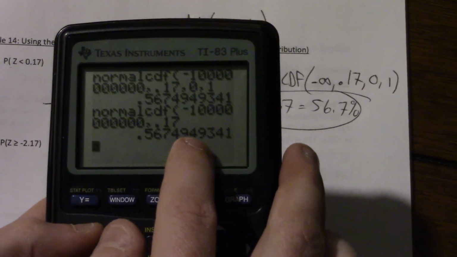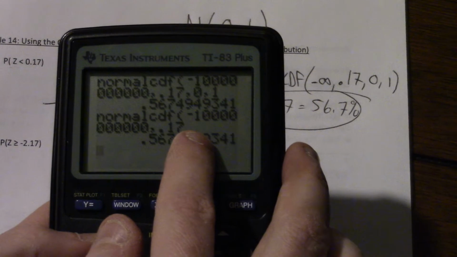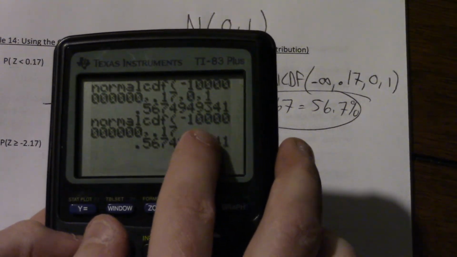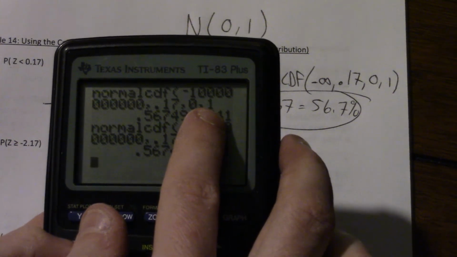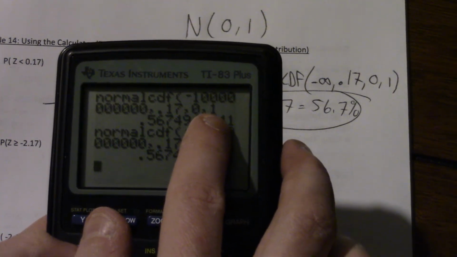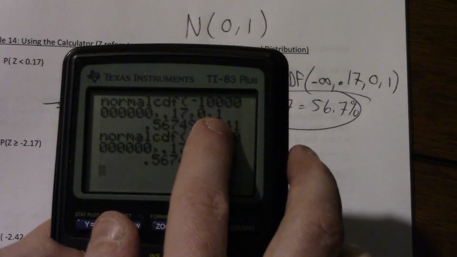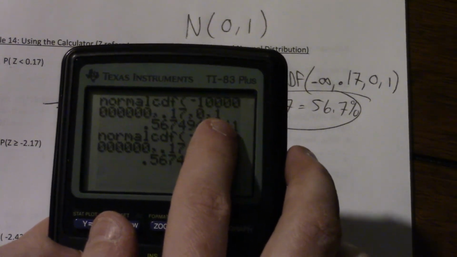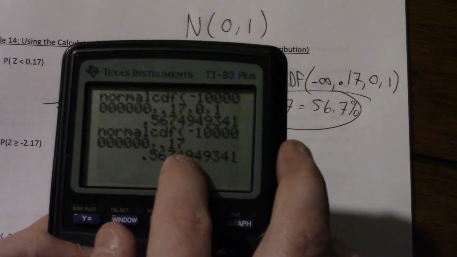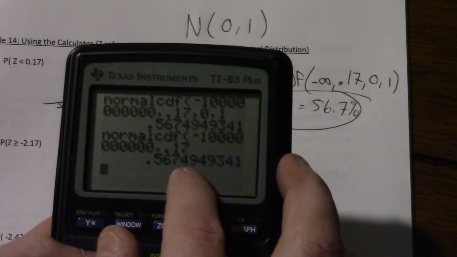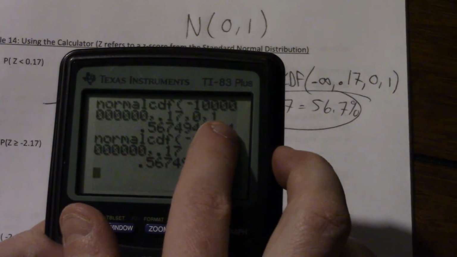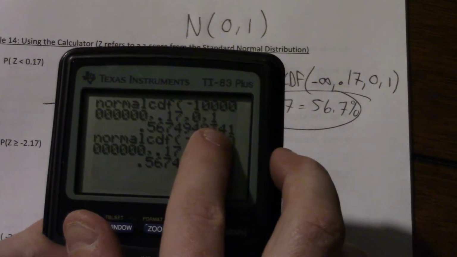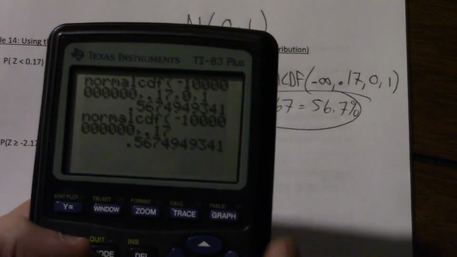So what that means is, if you don't input the mean and the standard deviation, your calculator will assume that it's a mean of 0 and a standard deviation of 1. So if you leave those off, and your mean is not 0 and your standard deviation is not 1, this number will be incorrect. So just get into the habit of always entering the mean and standard deviation, even if it is 0 and 1. Okay?